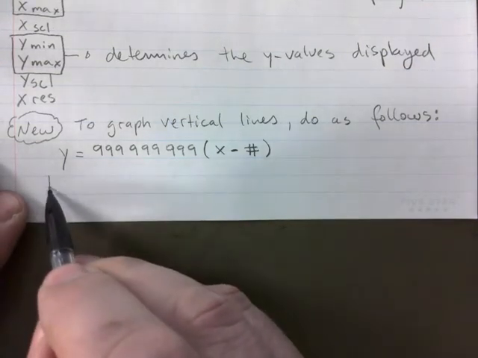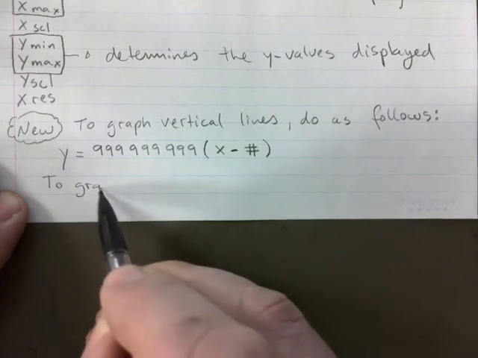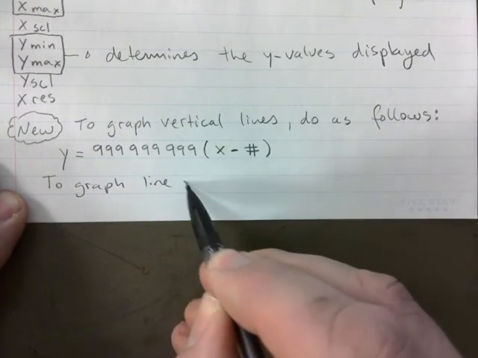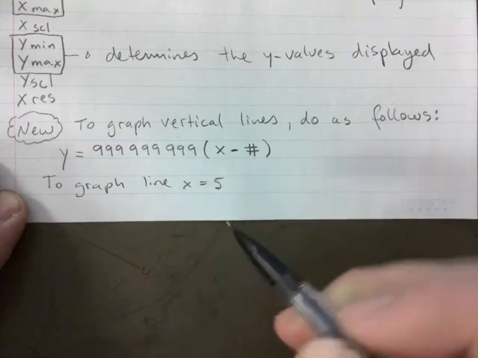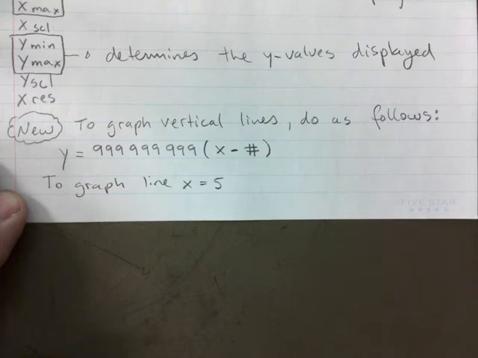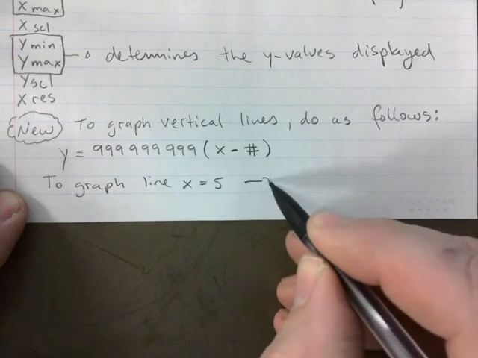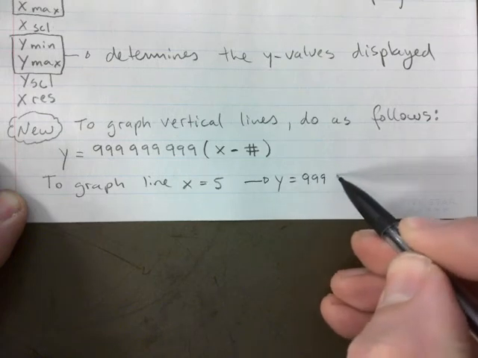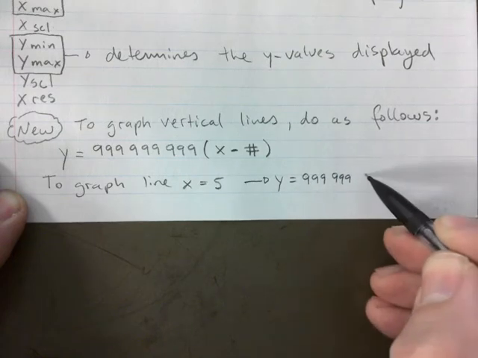Well, this is how it works. To graph the line x is equal to 5, would we all agree that if you see this, it's a vertical line? I hope so. X is equal to a number, it's a vertical line. We would then enter this. Y is equal to 999, 999.